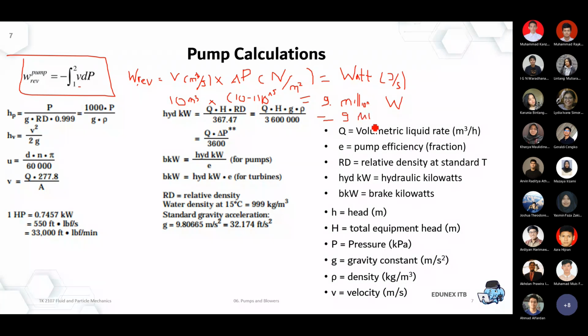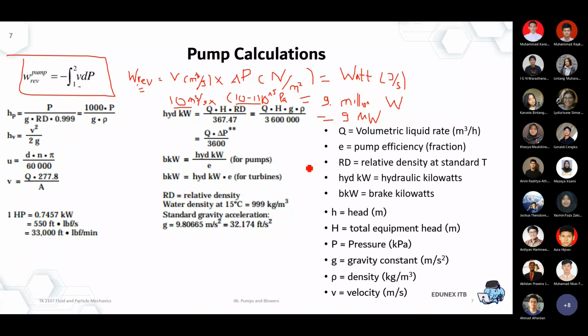So that's still the reversible part, the ideal part. This is a very big pump, with a very big flow in cubic meter per second and a very big delta pressure, 10 minus 1, for example. That's in Pascal or Newton per square meter, and it gives you 9 megawatts. You can convert it back to make it more relatable.